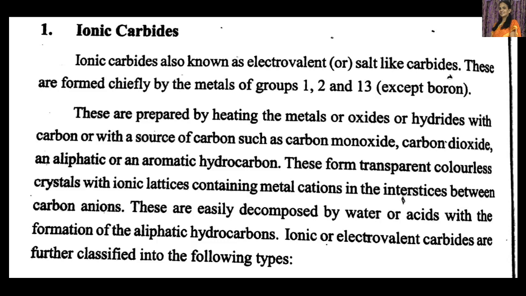These ionic carbides form transparent colorless crystals with ionic lattices containing metal cations in the interstices between the carbon anions. We will see the structure, and then we will come to know what the interstices are.